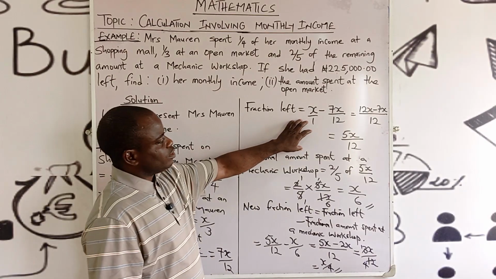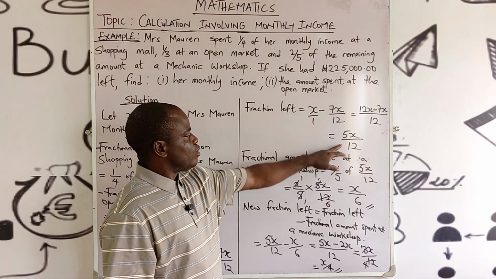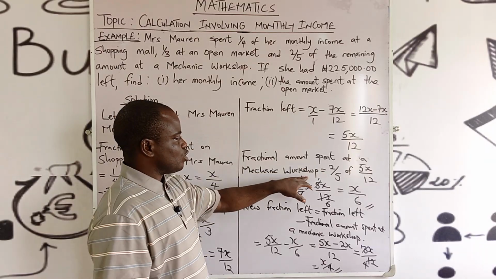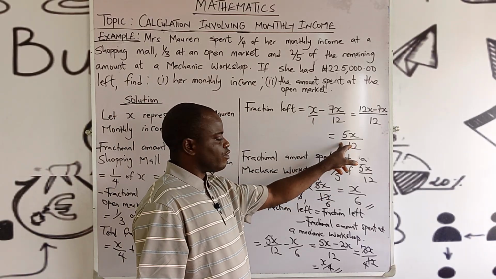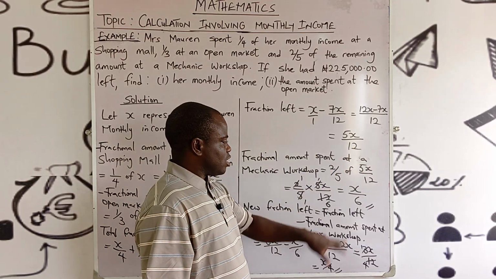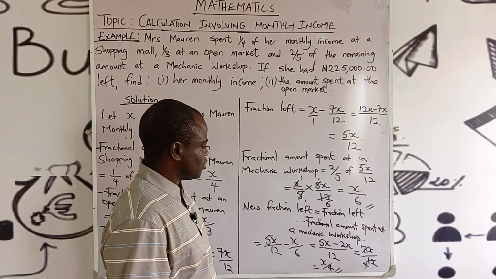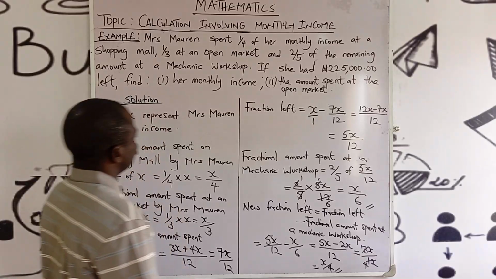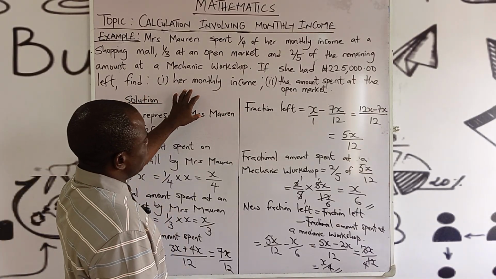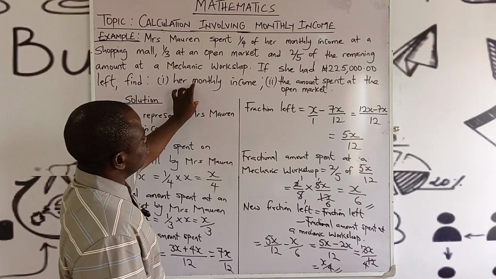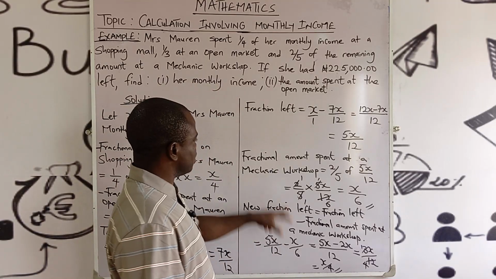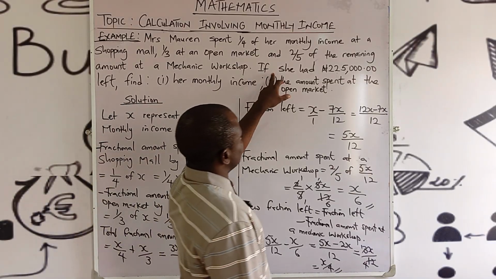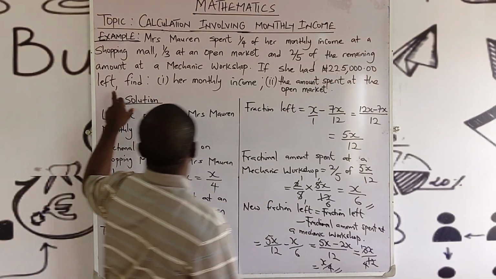The fraction left was 5X over 12. When you look for the fractional amount spent at the mechanic workshop, which is 2 over 5 of the fraction left, you have X over 6. You do the subtraction to get the new fraction left. Now, to get the monthly income, you equate, because X stands as the monthly income of Mrs. Moraine, and you are told in the next statement that she had 225,000 naira left.